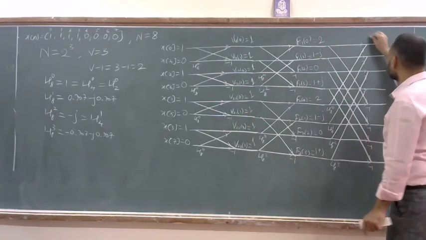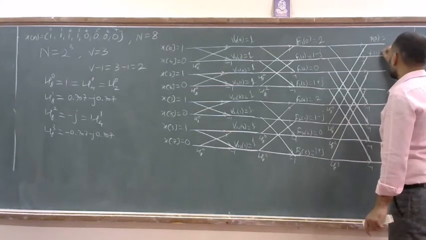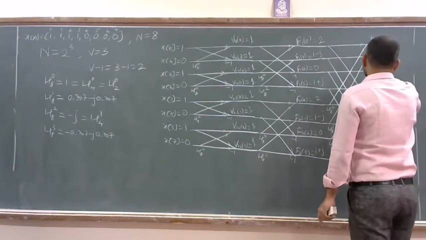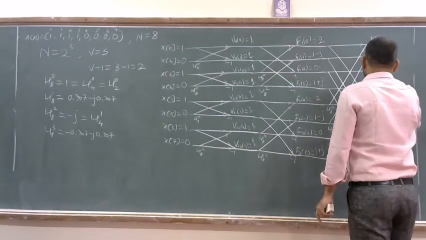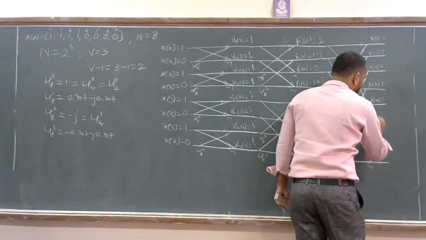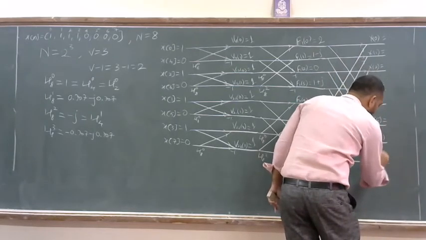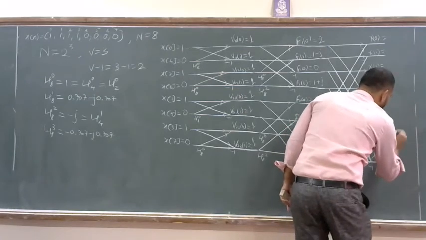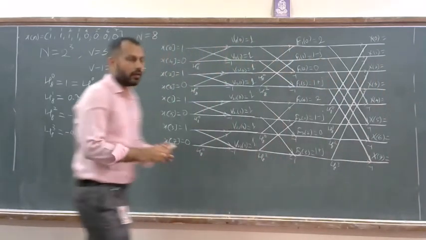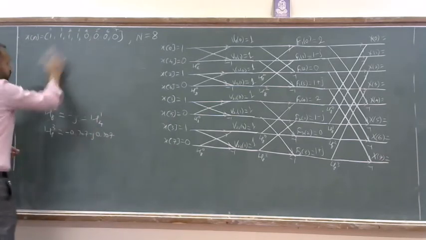So first DFT point will be x of 0, next will be x of 1, next will be x of 2, next x of 3, x of 4, x of 5, x of 6, and last DFT value x of 7. Okay, we need to calculate that. We'll write the equations for each of them.